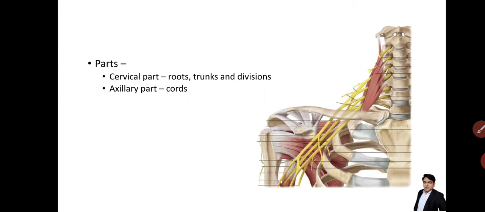So this is the brachial plexus. The part above the clavicle is the cervical part, this one, and the part below the clavicle is the axillary part. The cervical part includes roots, trunks, divisions, and the axillary part includes cords.